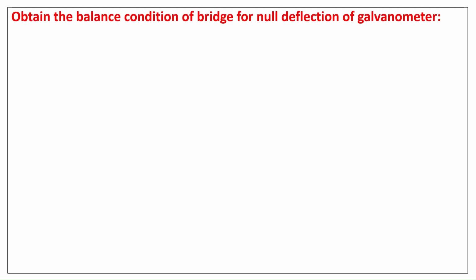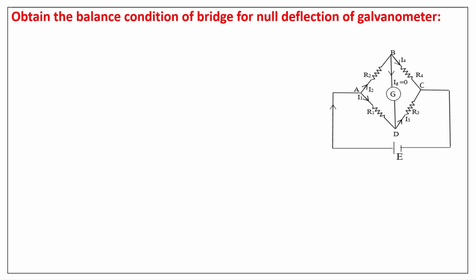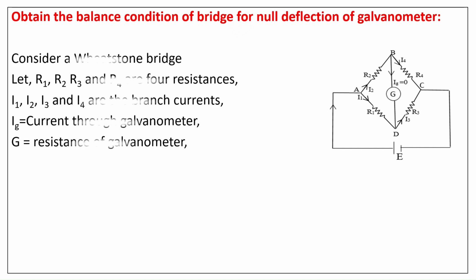Let's derive the expression for the balance condition of the bridge for null deflection of the galvanometer. From the figure, consider a Wheatstone bridge. Let R1, R2, R3 and R4 be the 4 resistances, I1, I2, I3 and I4 the branch currents, IG the current through the galvanometer, and G the resistance of the galvanometer.